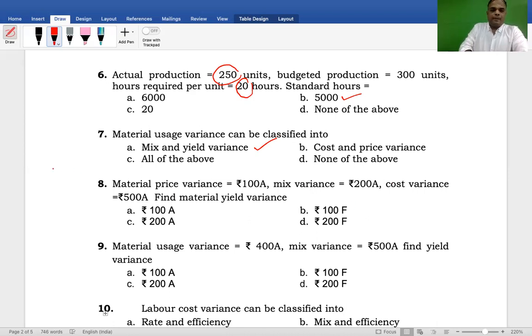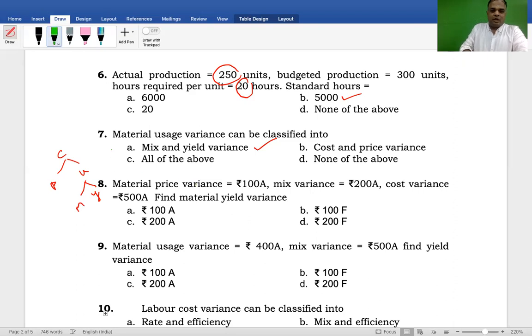Shall I repeat? Material price 100 adverse. Mix 200 adverse. Cost variance 500 adverse. Find yield variance. Cost variance you have to classify into price and usage. Usage again classified into mix and yield.